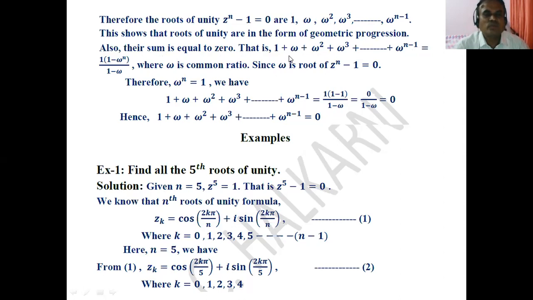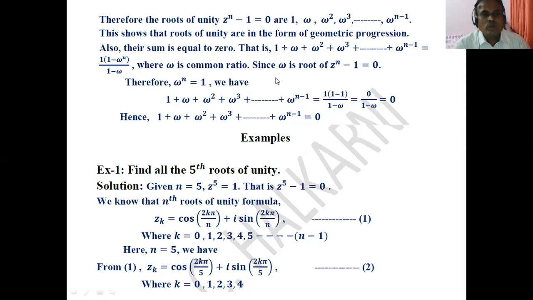We know that the formula for the sum of a geometric progression is a into (1 minus r^n) divided by (1 minus r). Here the first term is 1 and the common ratio is omega, so the sum is 1 into (1 minus omega raised to n) upon (1 minus omega), where omega is the common ratio.